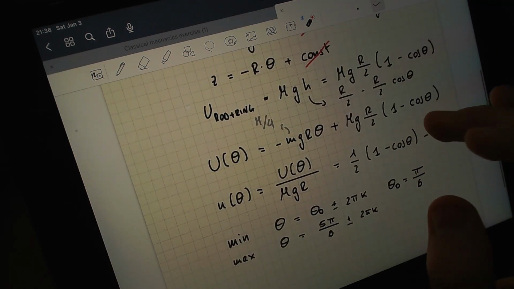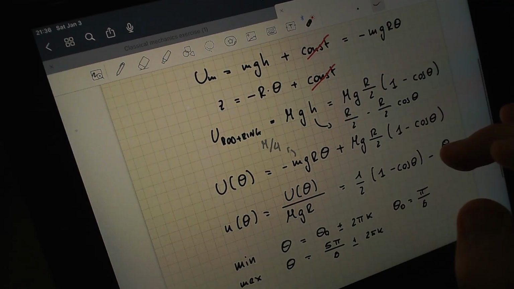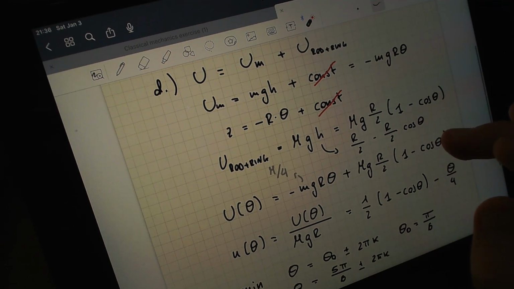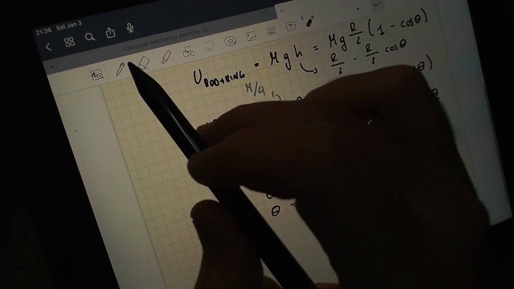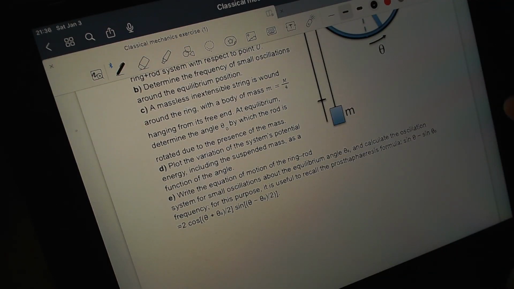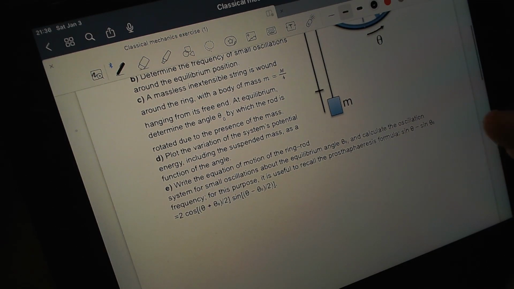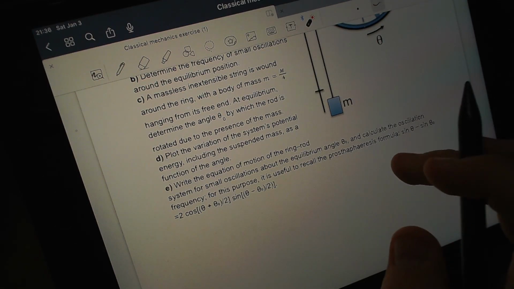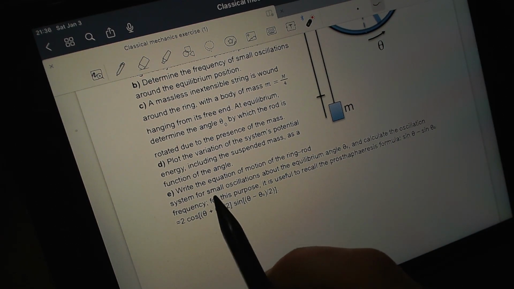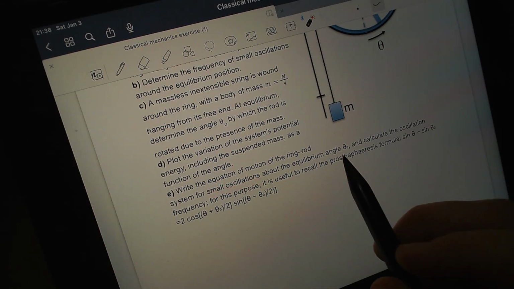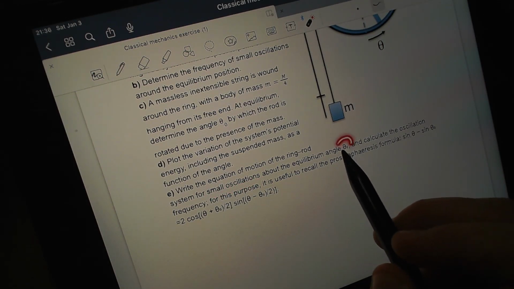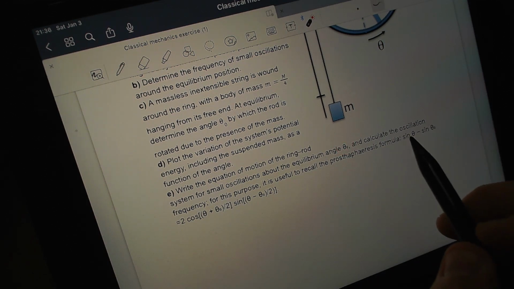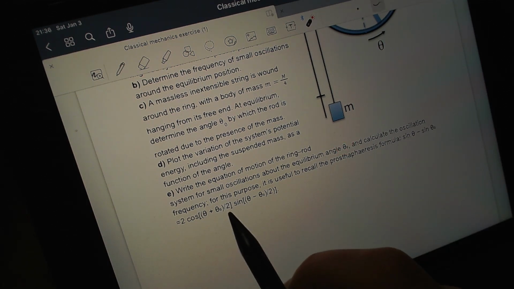Okay, so this was question D, and we determined the potential energy of the system. Now let's move on to question E. Here for question E, we basically have to find the equation of motion of the ring and rod system, again for small oscillations about the equilibrium angle theta 0, and we also have to find the oscillation frequency.